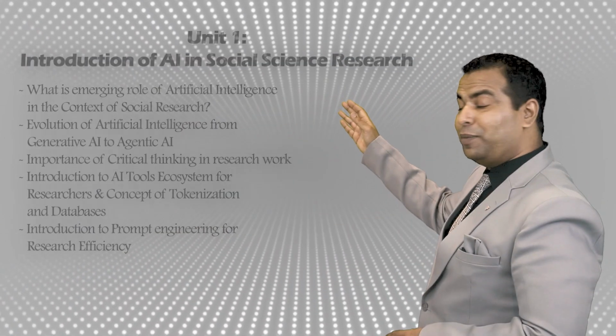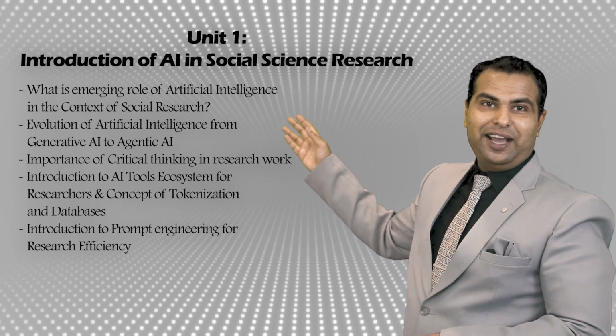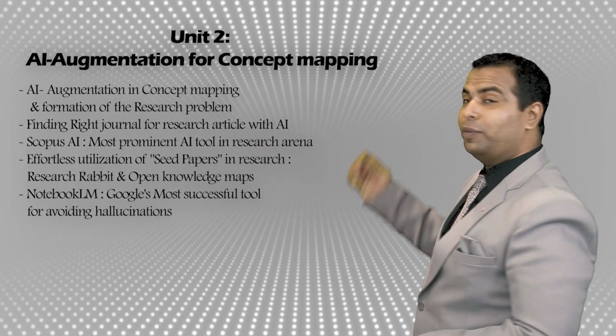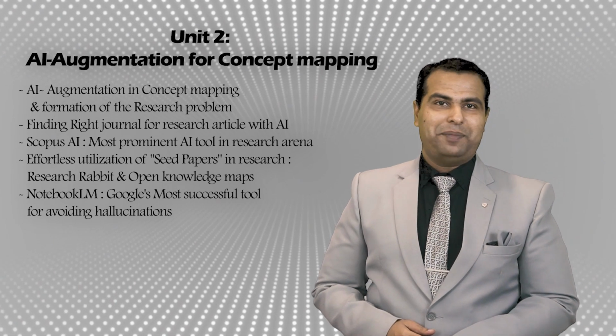Now let's explore the course structure. This is a 3-credit course spanning over 12 weeks and comprises 30 modules organized in 6 units. So Unit 1 discusses the introduction of AI in social science research, and Unit 2 the AI augmentation for concept mapping.